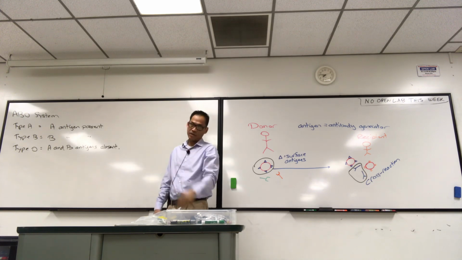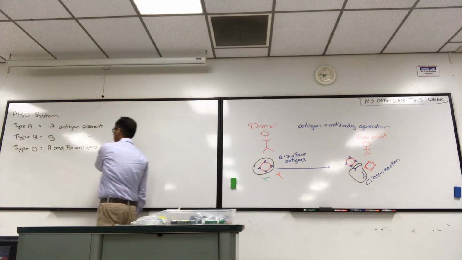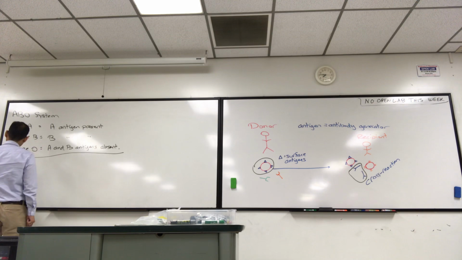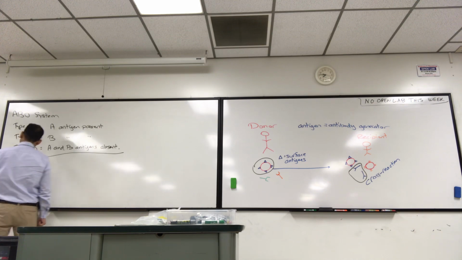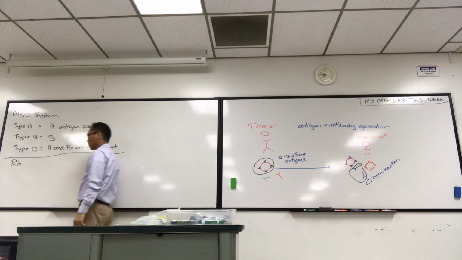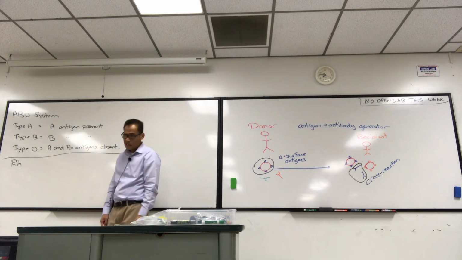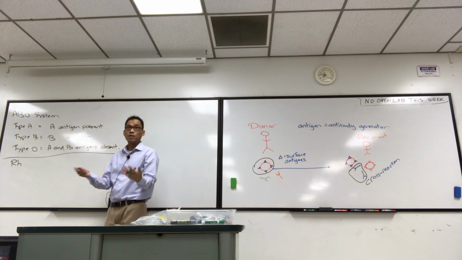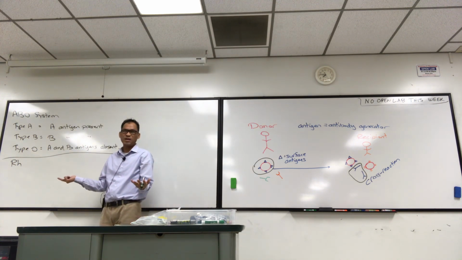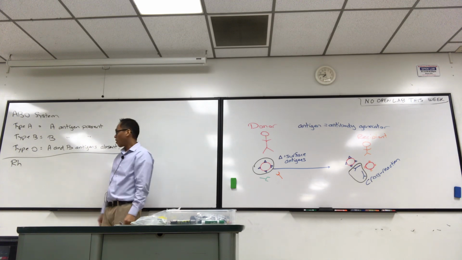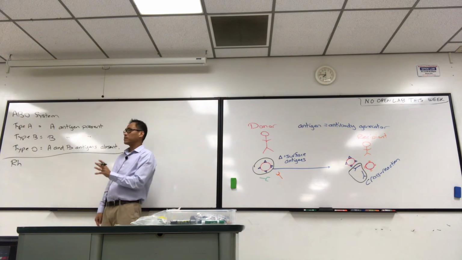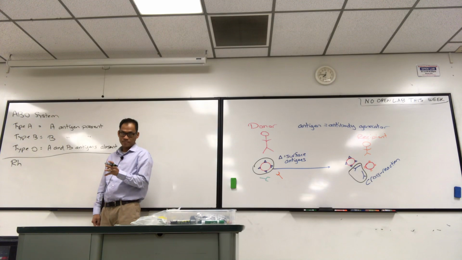There's a third antigen, that's the RH system. It's called RH. It's first discovered on rhesus monkeys, I think. Sometimes it's called type D. You ever see the letter D? It refers to RH. I typically just use RH. Anyways, the RH antigen, they kind of use this plus minus thing. Okay.